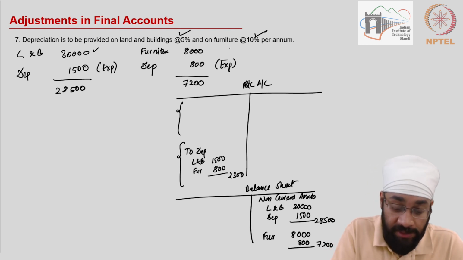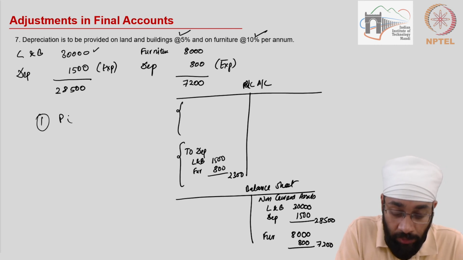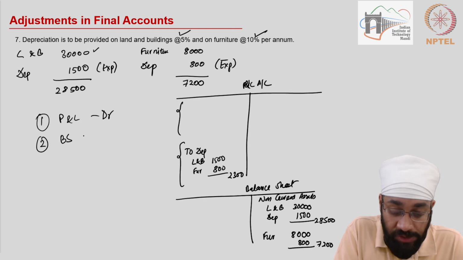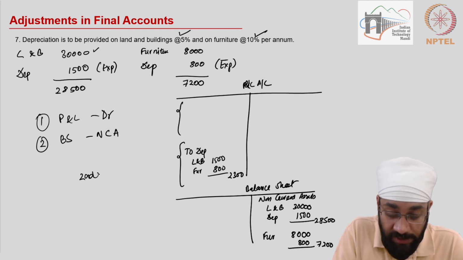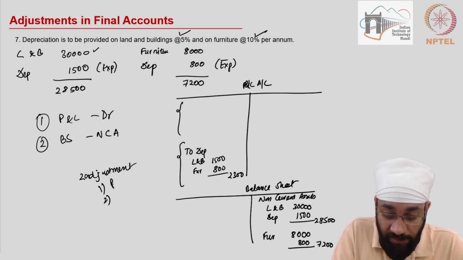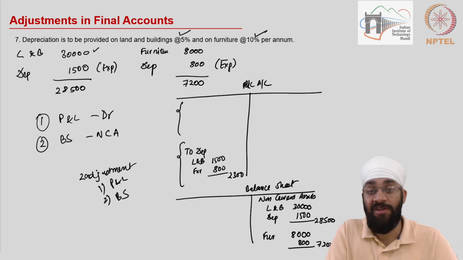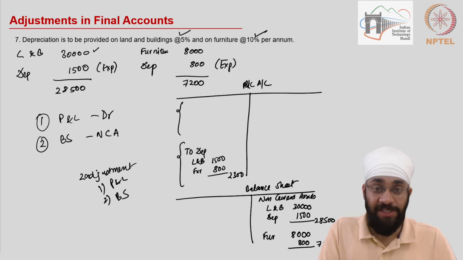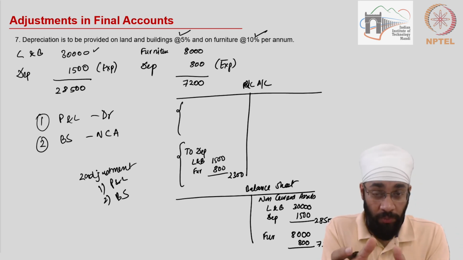But the adjustment is again affecting the profit and loss account on the debit side and the balance sheet under non-current assets. So two adjustments, one goes to profit and loss and the other goes to the balance sheet. So this is true: all the adjustments that need to be made go to two places.